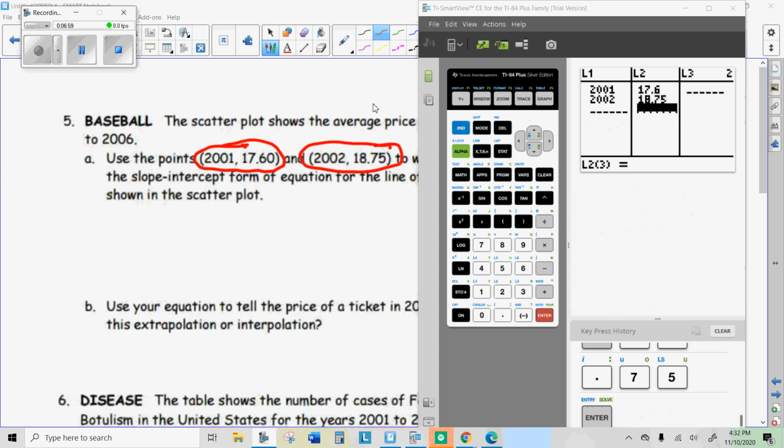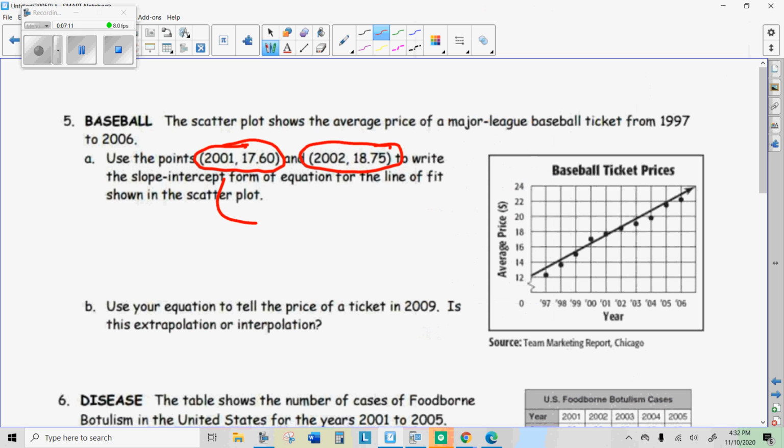All right, so I entered that data in, and one thing you should notice is that we're going up 1 year here. So in this 1 year increase from 2001 to 2002, the price is going up $1.15.